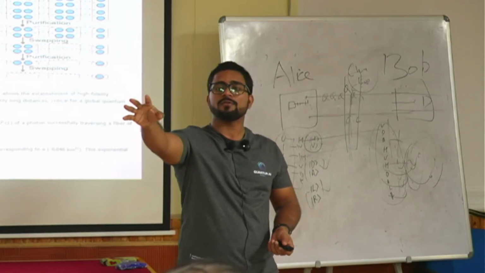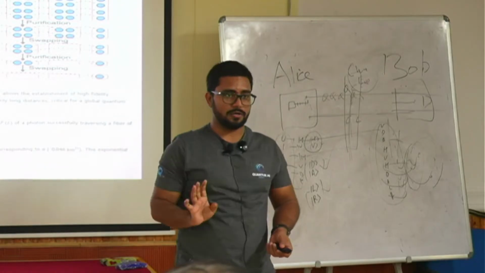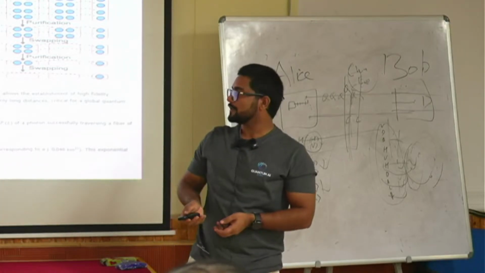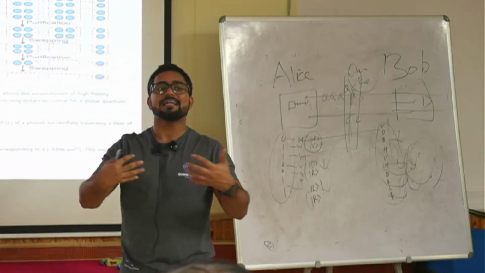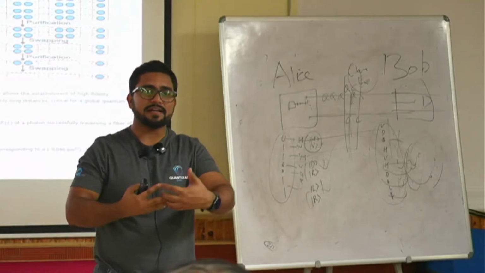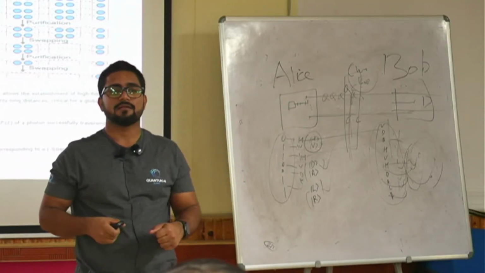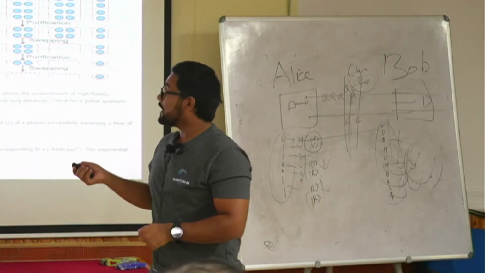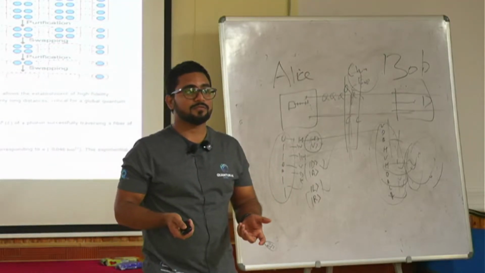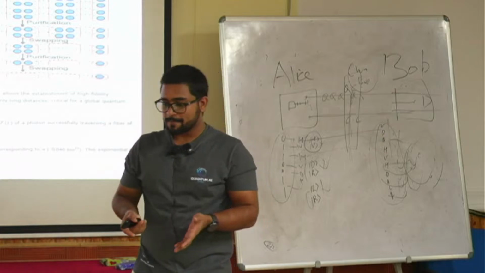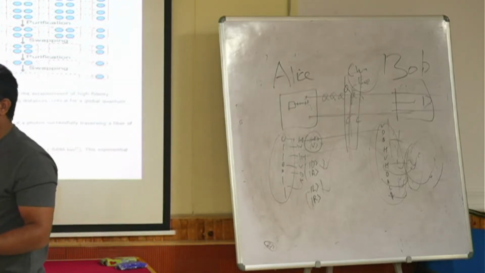Between you and you, there are 4 nodes involved. Now what will you do? First, directly connected nodes will create entanglement with each other. And how many entanglements? There is something called fidelity which Diksha discussed.